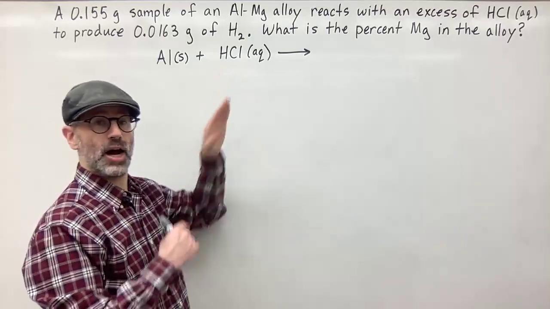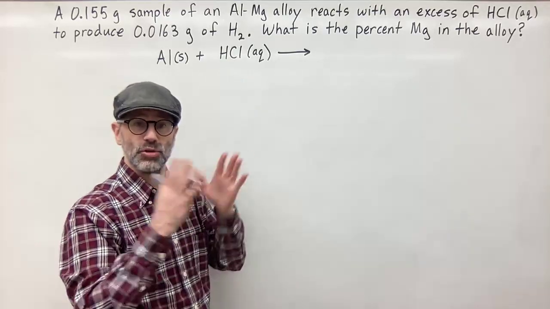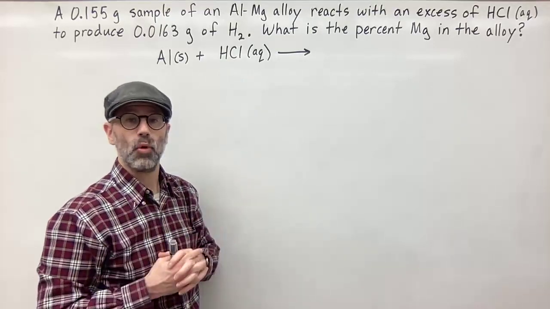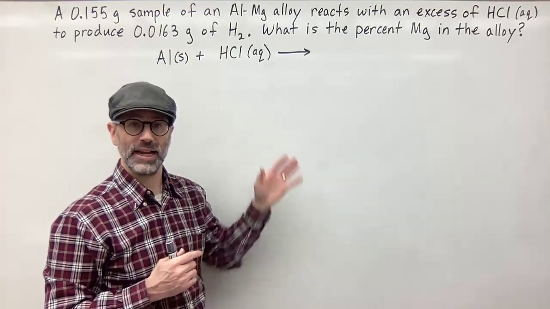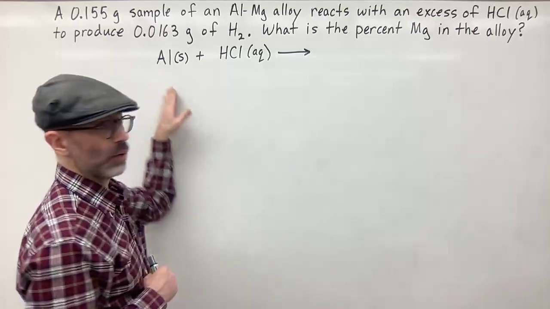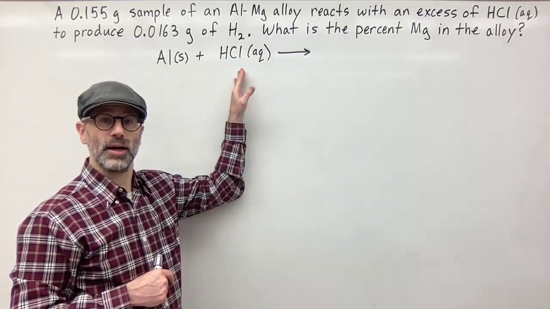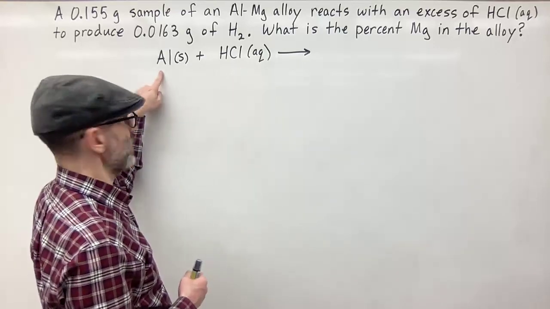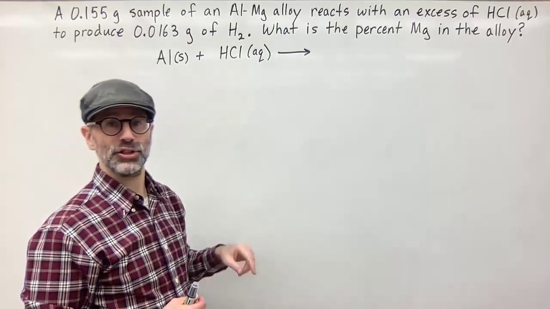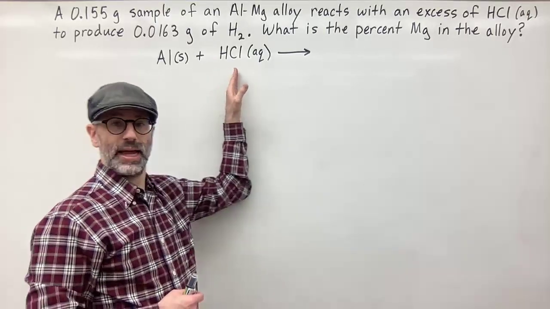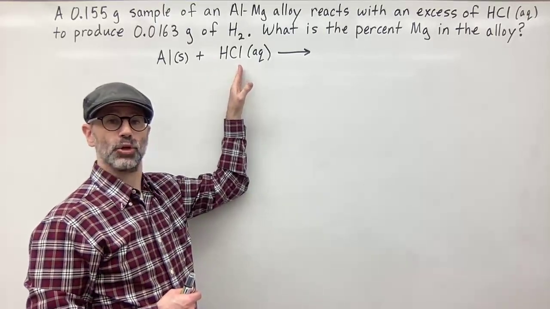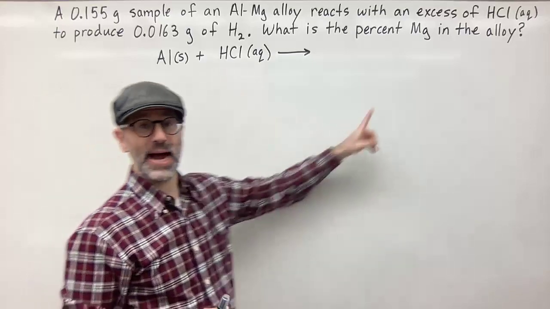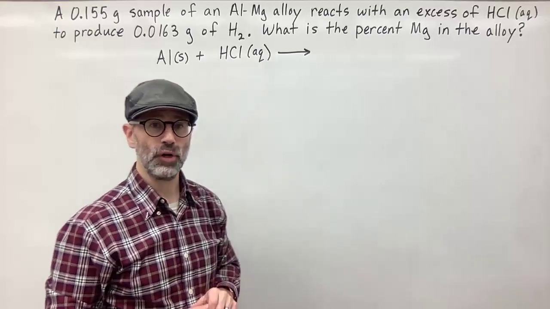Hydrogen is going to break off. This is an acid. It's going to dissociate or ionize in water. So the H is going to have an H plus. Aluminum, when it combines to form a product, is going to have a positive 3 charge. So what's going to happen is the aluminum is going to kick off the hydrogen, form an ionic compound with chlorine, and then we'll have hydrogen gas left over.